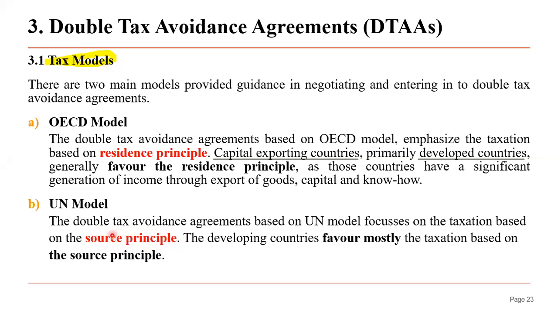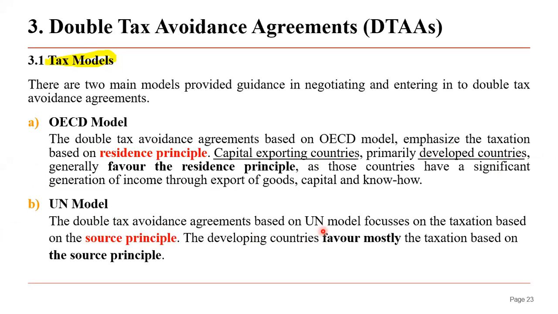That is why there are mainly two differences between these two models. First, the OECD uses the resident principle, here it is the source principle, and the OECD is mostly used by developed countries, while the UN model is basically used by developing countries. These are the two main concepts, the difference.